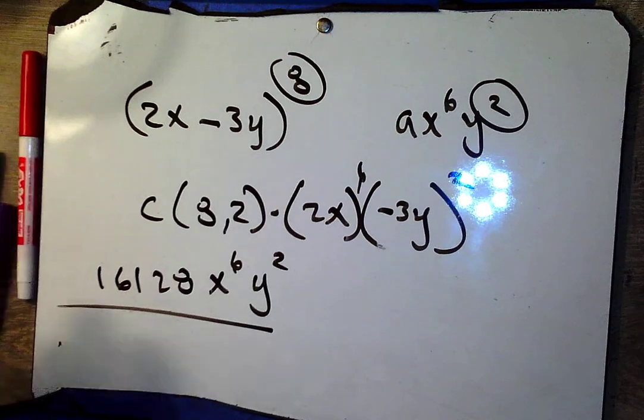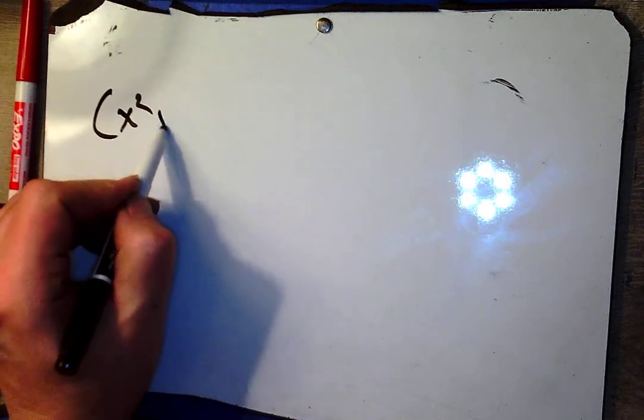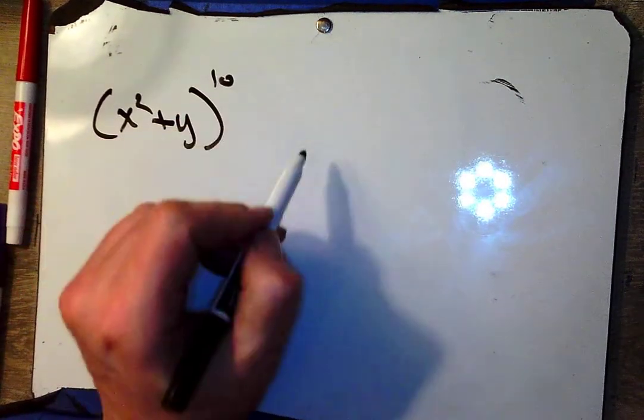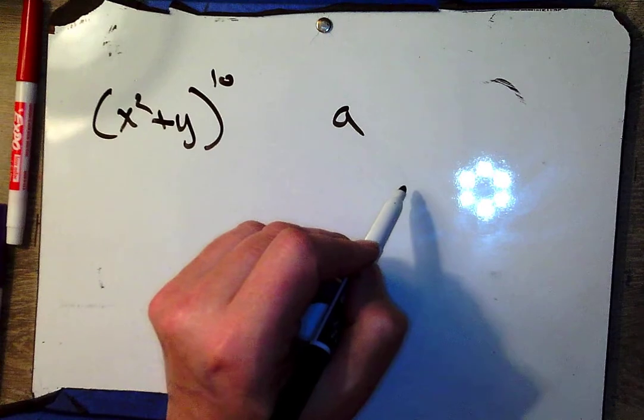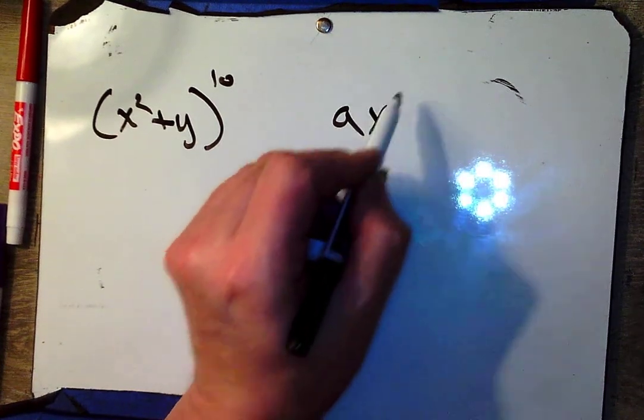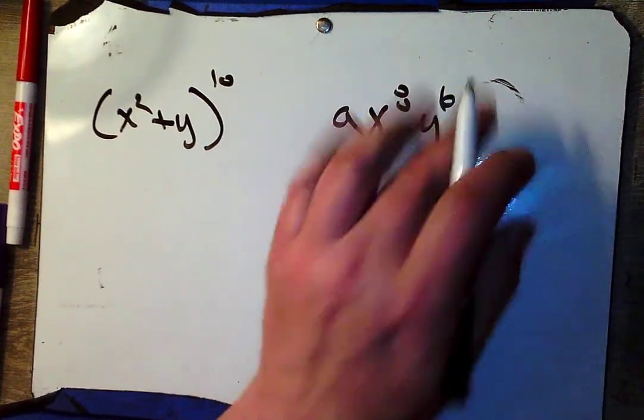Nice. Hey, how is this problem different from the last three we just did? What if we have x squared plus y to the 10th, and we're looking for the coefficient on x to the 8th, y to the 6th.